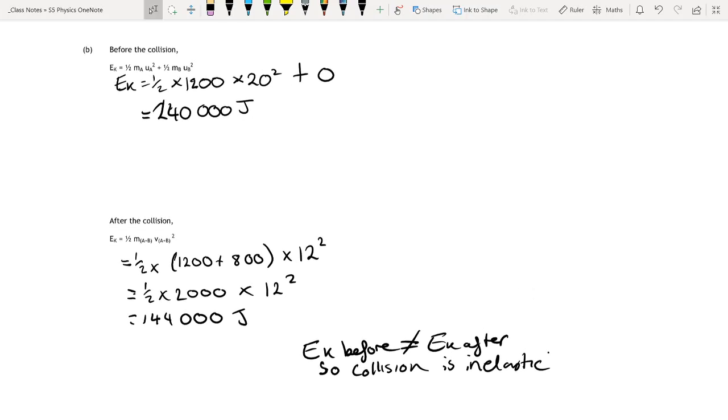Right, so those are the numbers that you should be getting. So the first one, half times mass of A times the speed of A squared plus 0 because B wasn't moving. So 240,000 joules. And after the collision, it's half times the total mass times the speed squared. They move off together.